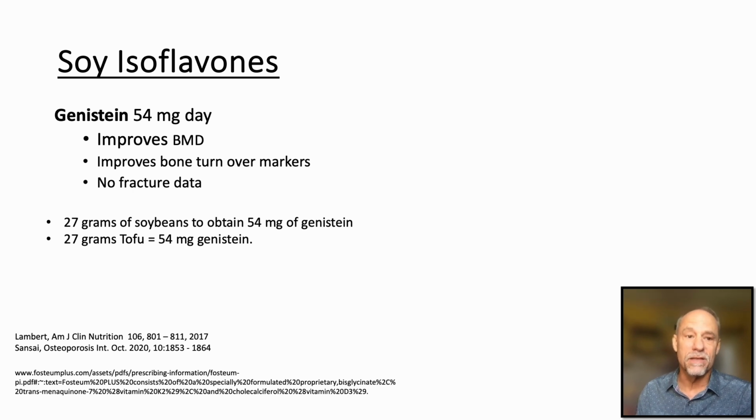And it tends to decrease the risk of breast cancer, both the initial occurrence and the recurrence. So genistein is safe in women even if they've had breast cancer or have a risk of that. 27 grams of soybean gives you 54 milligrams of genistein. 27 grams of tofu would give you 54 milligrams, or you can simply take a 54 milligram capsule.